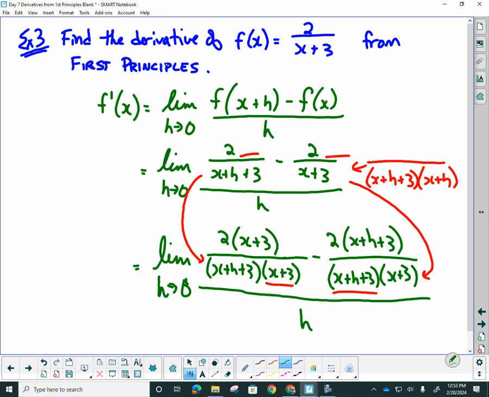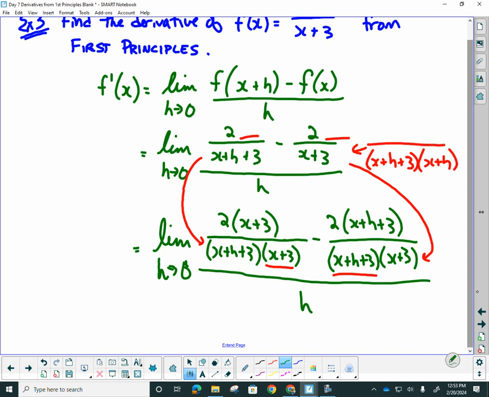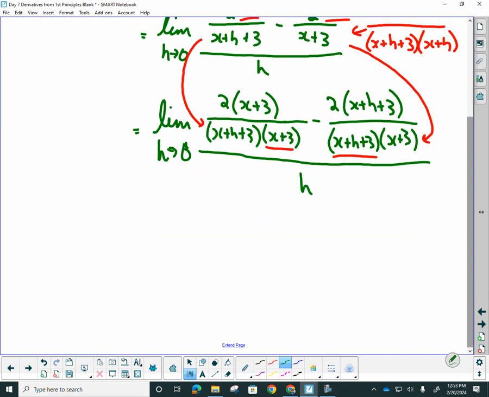All right, so now I'm going to need to do some cleaning up on things. So on the top, I'm going to bring these two fractions together into one common denominator fraction. Since they're common denominators now, I can bring them together and keep the denominators, and then just subtract the numerators.